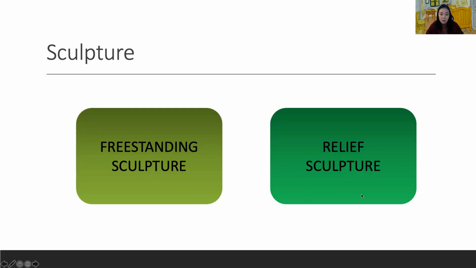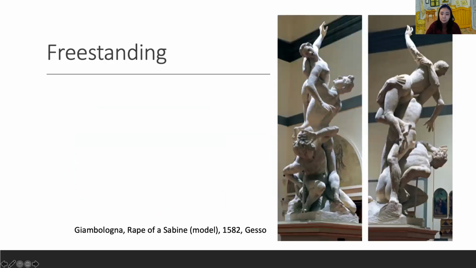So let's see freestanding sculpture first. So this is the freestanding sculpture style. Although some freestanding sculpture is not intended for this, most freestanding sculptures are displayed for showing every point of view like this.